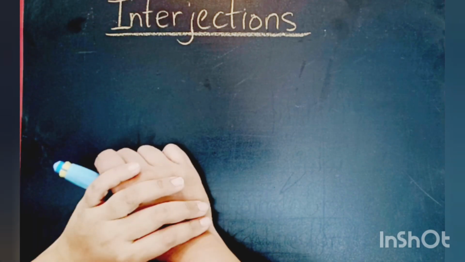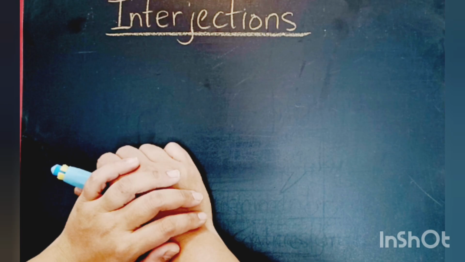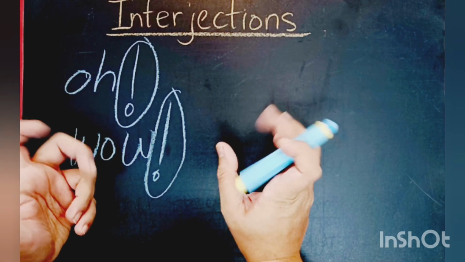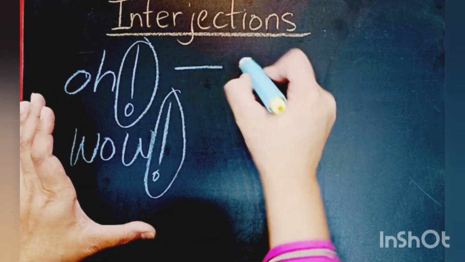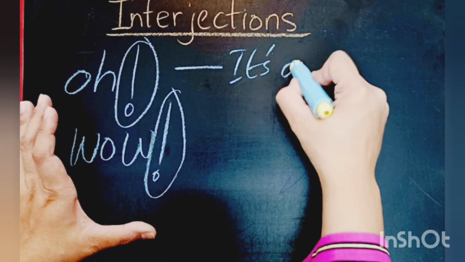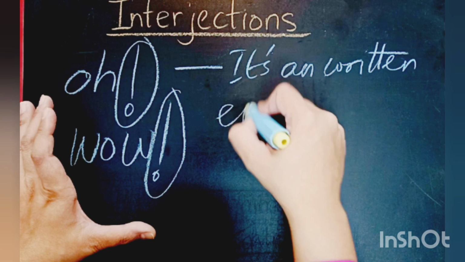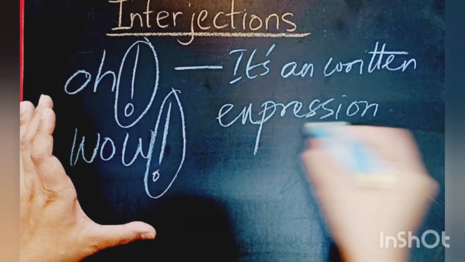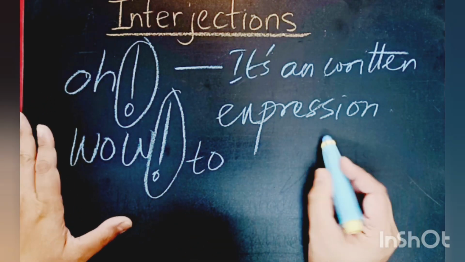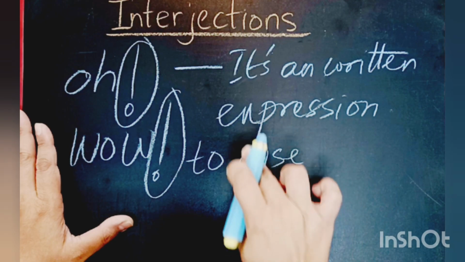These words are actually used in speeches for expressing feelings. So the exclamation mark is a written expression used after an interjection, the identity of interjections, the short words that show sudden emotions, which are very short meaningless words.